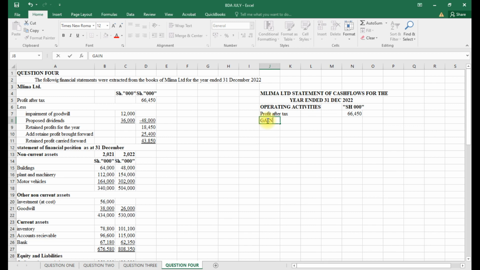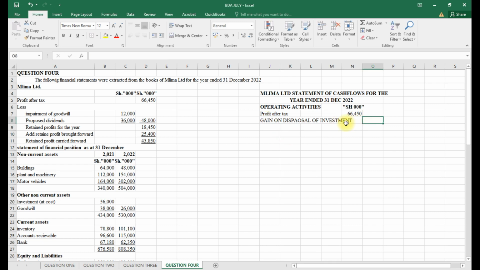We had a gain on disposal of investment.